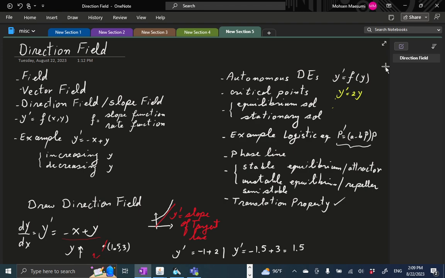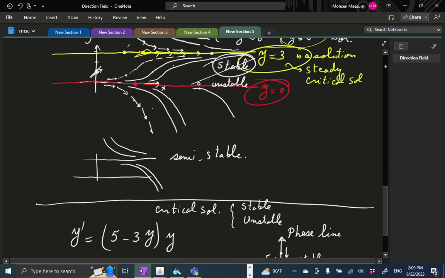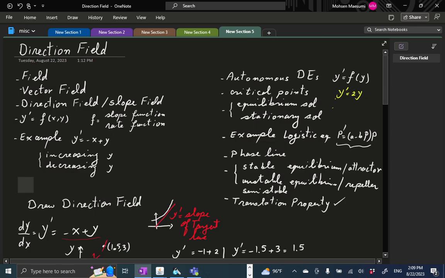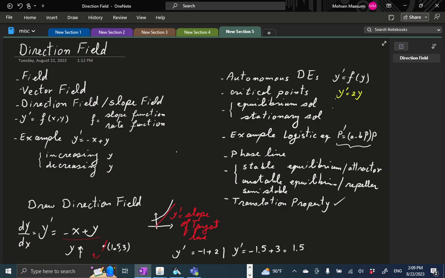There are many functions that are solutions of this. Depending on the initial point, we get a different member of the so-called family. We said it's easy to check where the solution is going to be increasing and where it is decreasing, using the expression on the right-hand side.